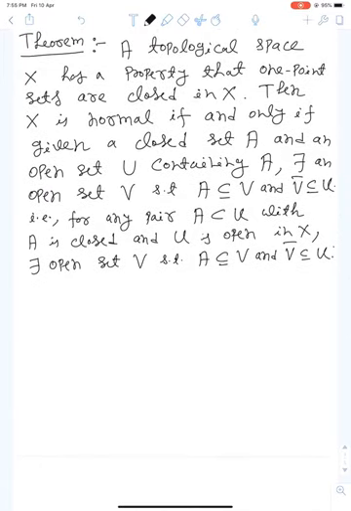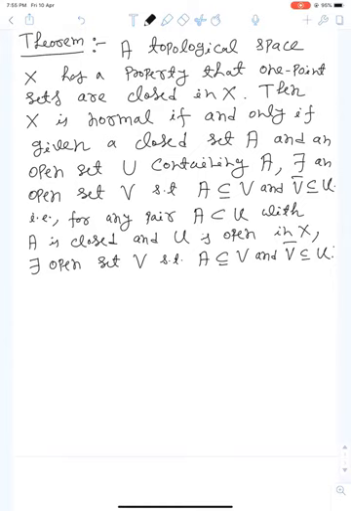That means, first of all we assume that X is normal, and then we prove that for any pair of two sets, one a closed set A and another an open set U, such that A is a subset of U, then we have an open set V such that A is a subset of V and V closure is a subset of U. This is one part.